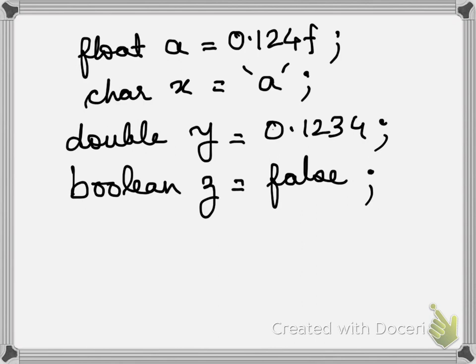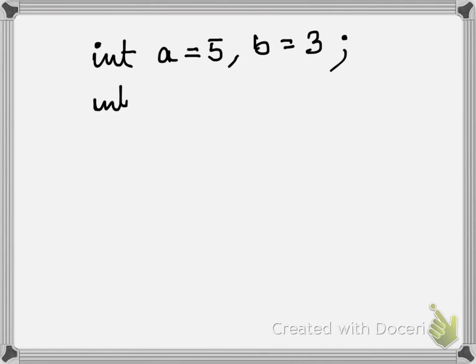You can also have dynamic initialization. Let me take another example. Here I have declared int a is equal to 5, b is equal to 3. Then I declare another integer variable c, and I initialize it to a plus b.